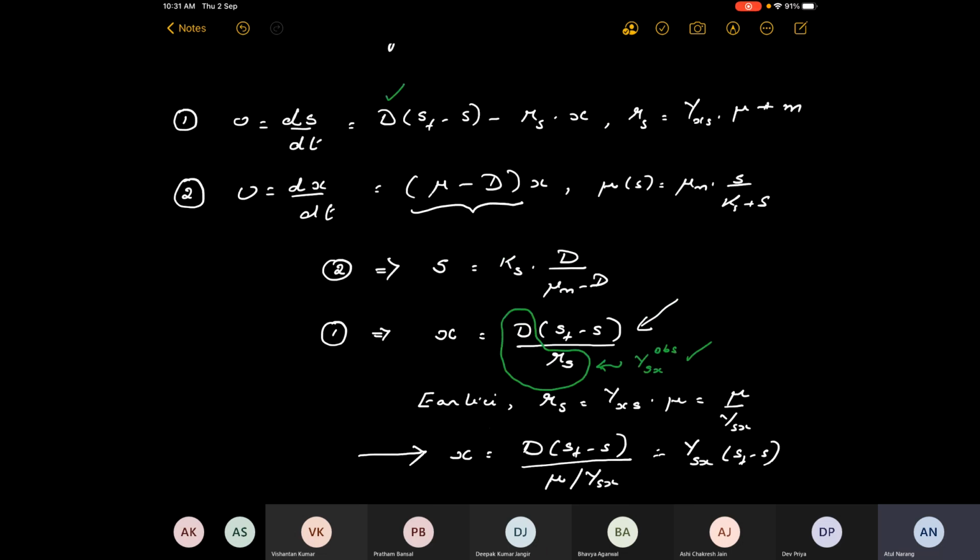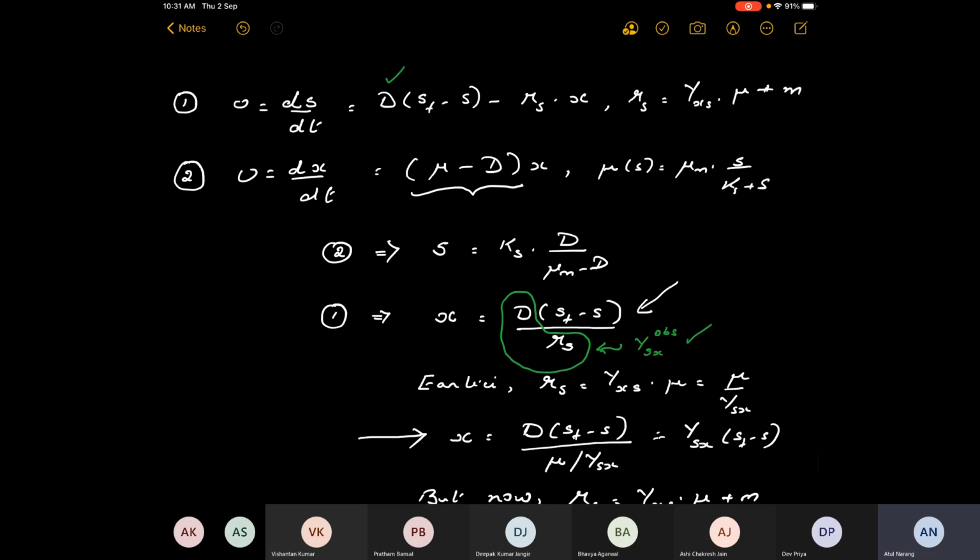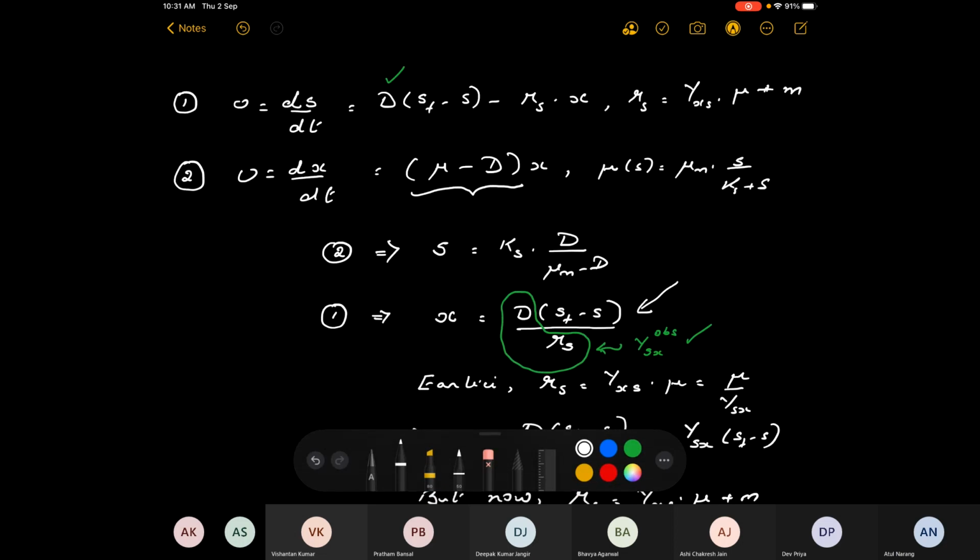Okay, let's take a look at the equations as I have written them down here. Suppose I want to use this Pirt model for a shake flask. That means that D is basically equal to 0, so I'm going to neglect this term as well as this term.